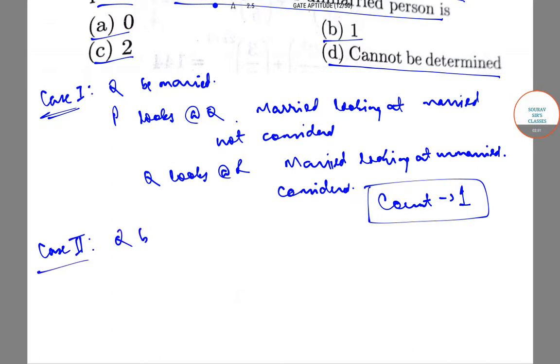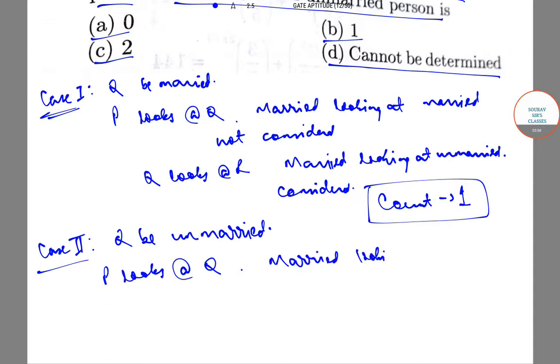And for case 2, let us assume Q to be unmarried. Now when P looks at Q, it is married, looking at unmarried. So this is considered.